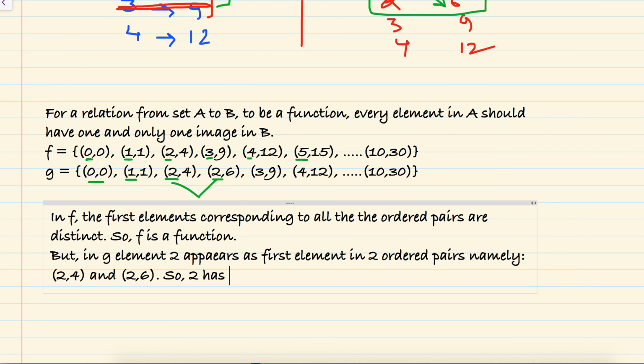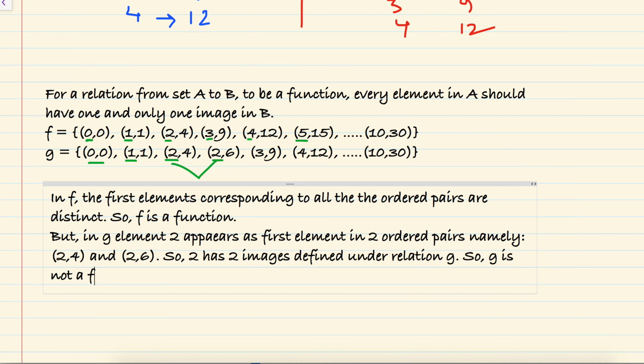So 2 has two images defined under relation G. So G is not a function.